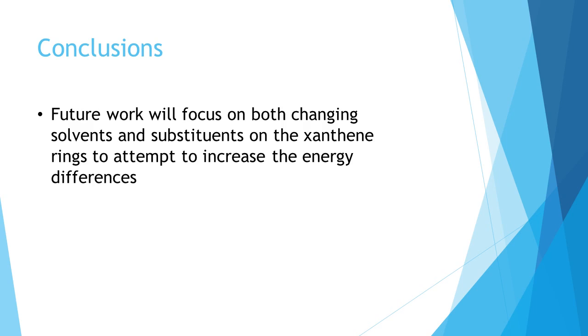And so in the future we'll focus on changing solvents to see how that affects our calculations and our energies, and then also changing substituents on the xanthine rings, and maybe changing the analytes that we complex with the xanthine rings, all so that we can try and increase these energy differences, because our results, while they had a small energy change, weren't large enough to be able to confidently say that they were sensitive enough to be used as chiral sensors.